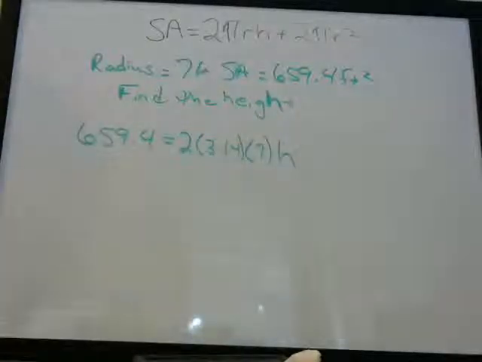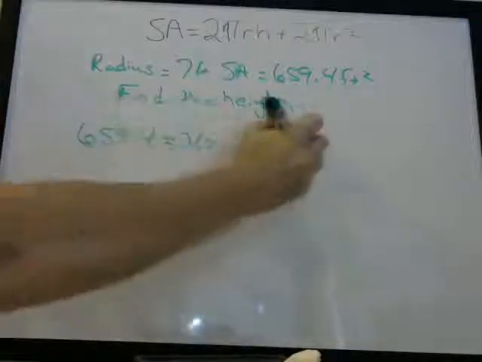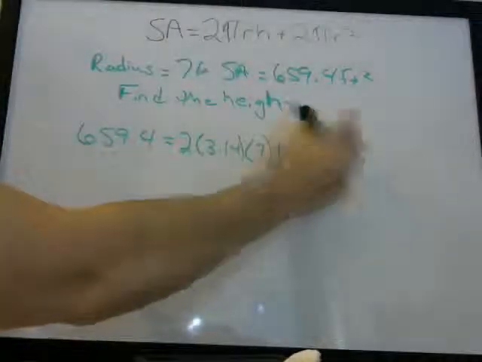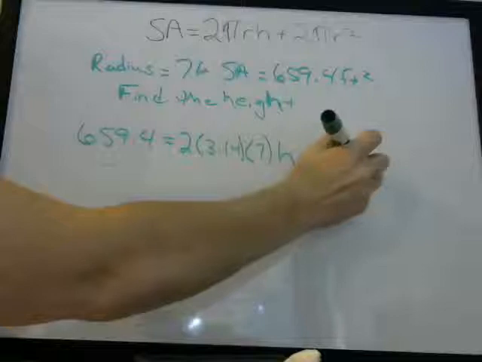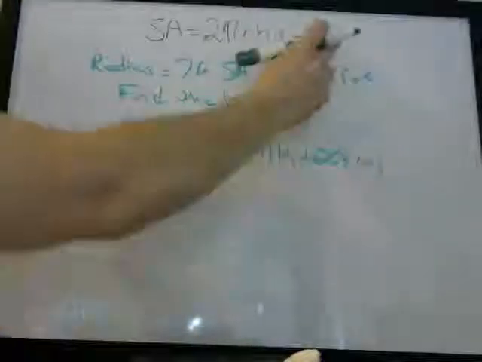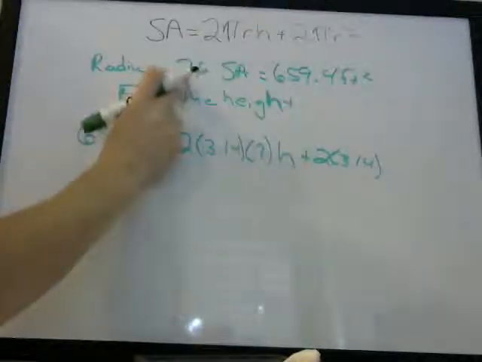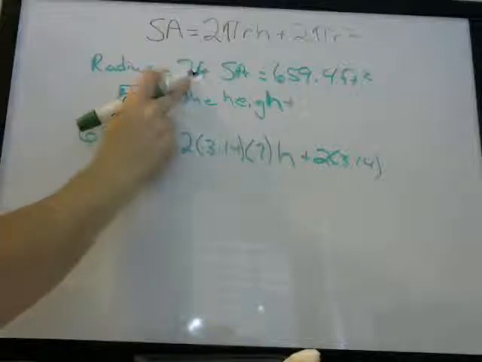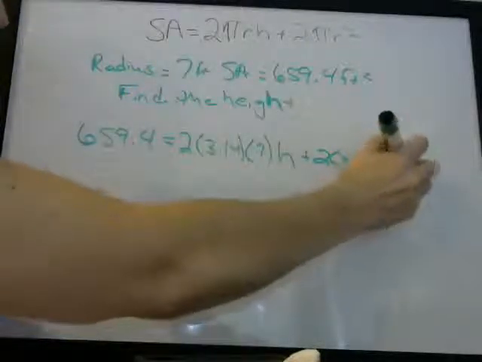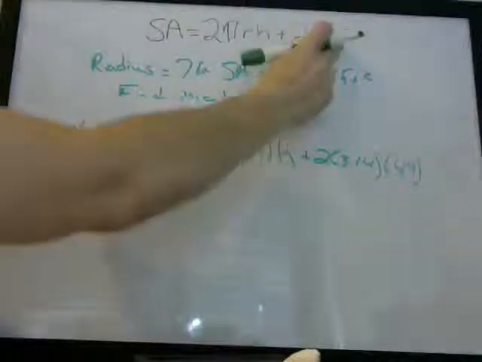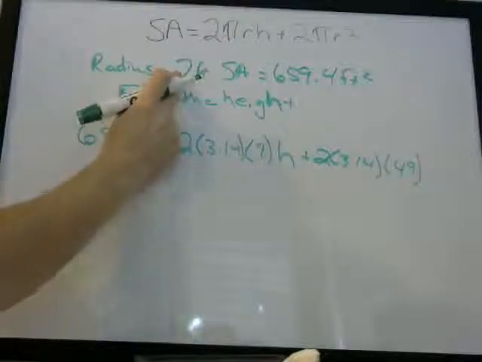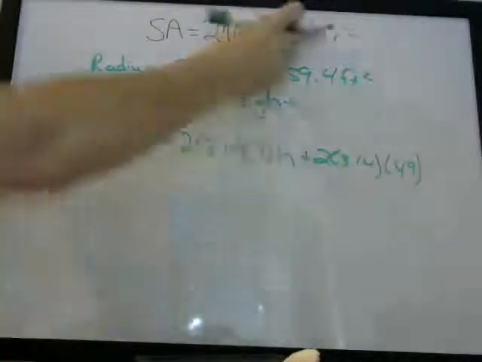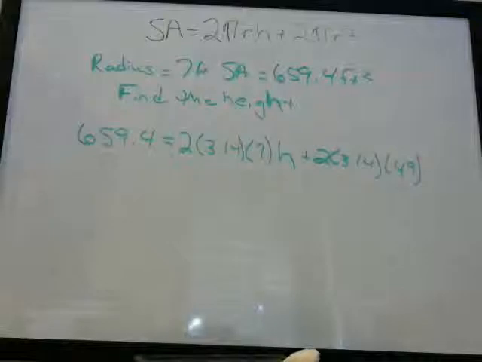That's what we don't know, so we just leave it as an h. Plus 2 times pi, which is 3.14, times the radius squared, so 7 squared, which is 49. 7 times 7 is 49. So we're just following the formula.